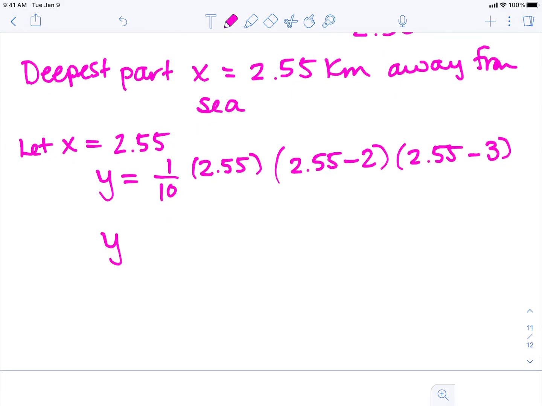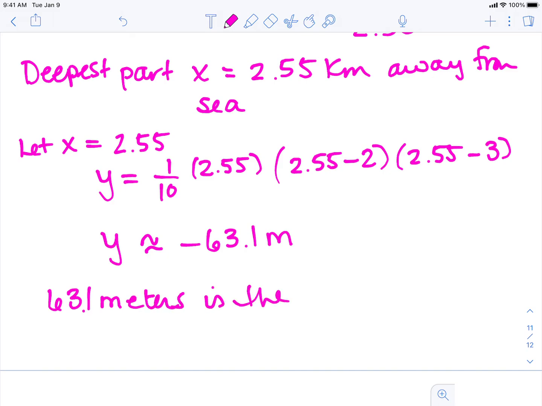What we get is approximately negative 63.1 meters. So how deep is that lake? The depth is 63.1 meters, because it is below the x-axis. Sea level would be 0. It is below, so it's 63.1 meters in depth when it is 2.55 kilometers away from the sea. That's the depth of that lake.